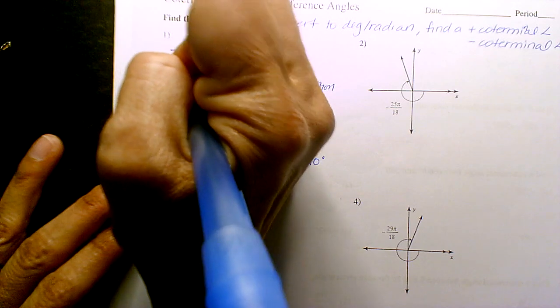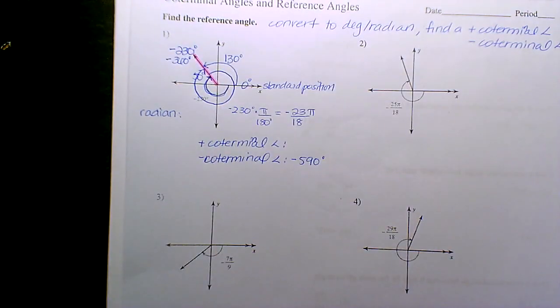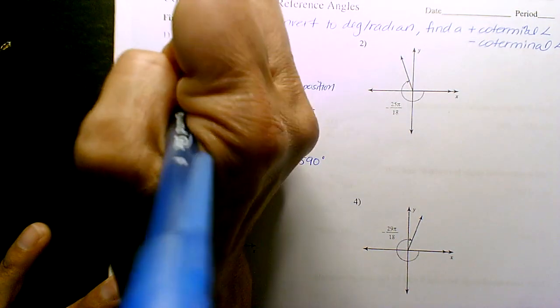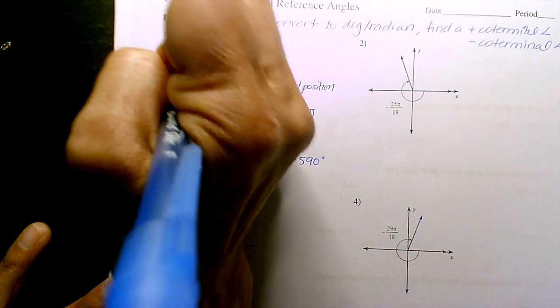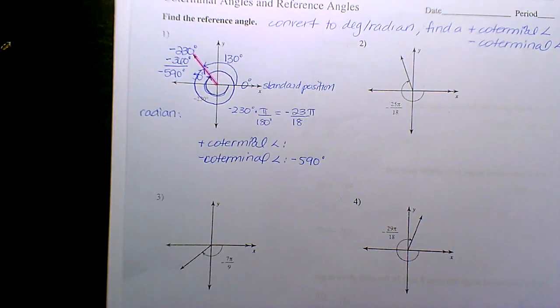I went another 360 degrees, because I had to do a full spin and you're landing where you started. That's a revolution, so that's 360. So what's negative 360 and negative 230? Negative 590.